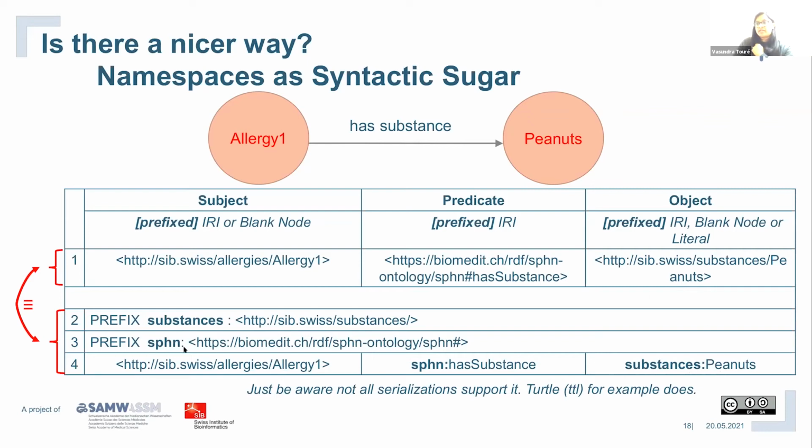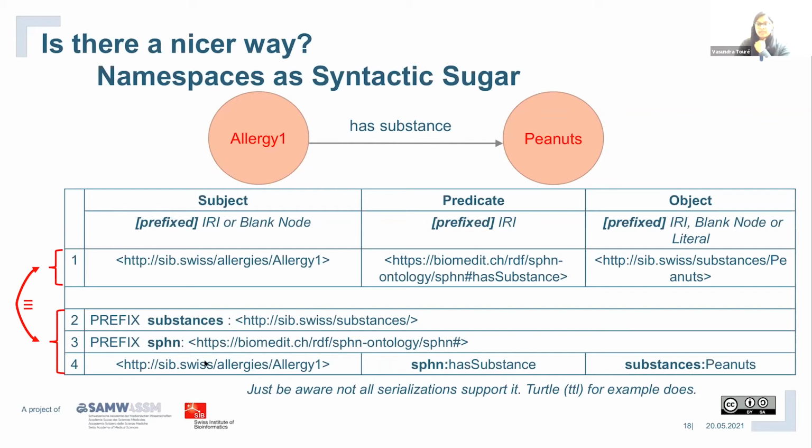And we have done the same for the SPHN ontology. So we define the SPHN prefix, and this is referring to the biomedit.ch/RDF, etc. So here, later on the data, you can simply have SPHN has substance to refer to this property. But you don't have to do it.